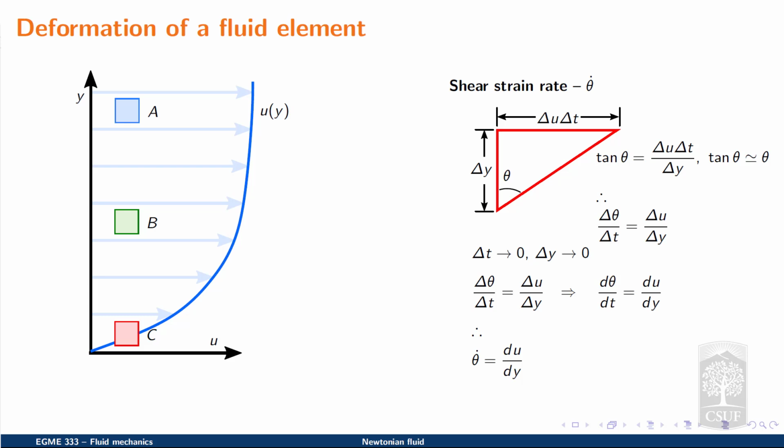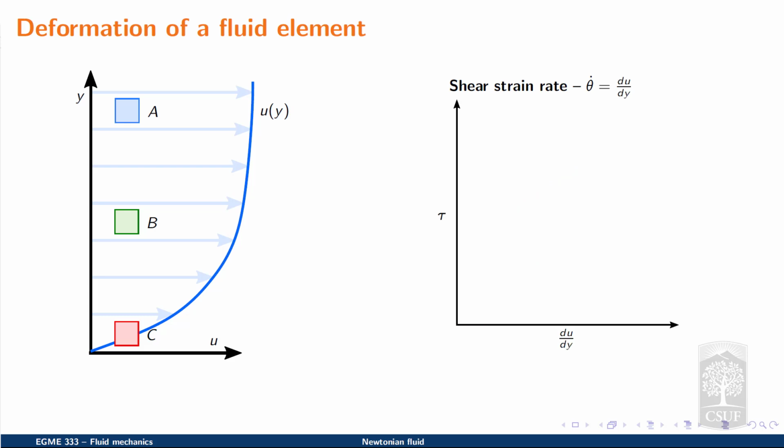Now let's imagine that for each fluid element we can measure both the shear strain rate du dy and the corresponding shear stress. So if we plot them on the same graph, here we'll place the values for fluid element A, fluid element B, and fluid element C. If we fit a curve between these 3 points, we can see that the shear stress is linearly proportional to the shear strain rate.